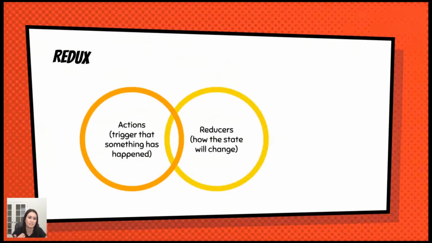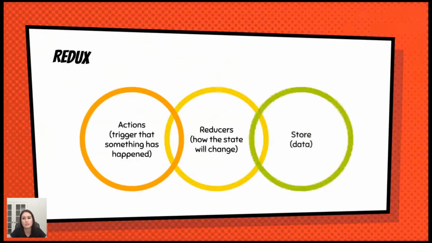If someone has clicked a button, let's say you changed a certain color or something else on the page, it would basically say that this state has moved from the initial state to the next state, and that's what's happening in the reducer. And then the store is where all of your data is stored. It has all the global states within your application, and that's all going to be within the store.